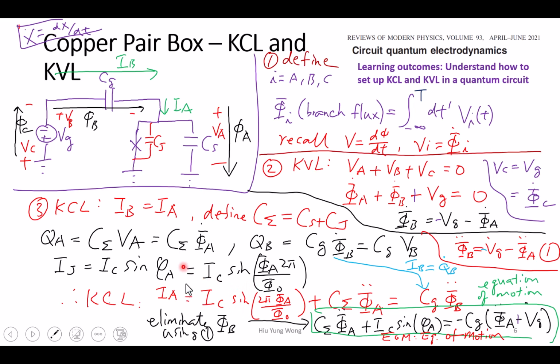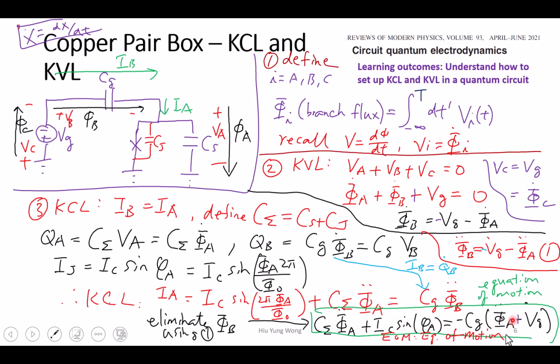Okay, then what we do is just the substitution. The goal is that I want to relate it to the Φ_A here, because once I get Φ_A, I have this equation of motion. And what is this Φ? This Φ is related to the generalized coordinate we are going to use, right? Because we know that Φ is related to the generalized coordinate.